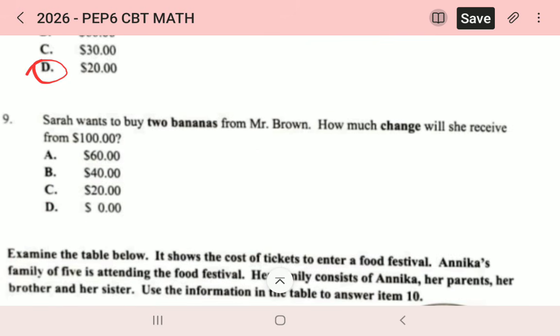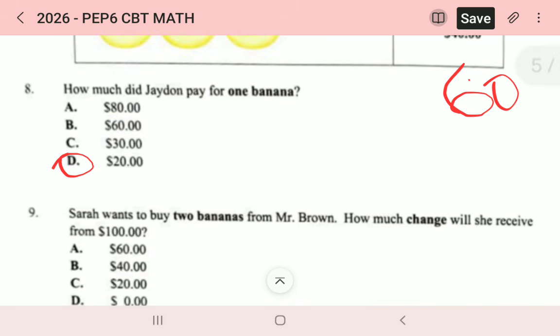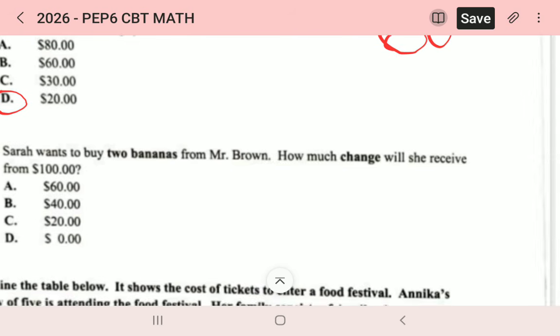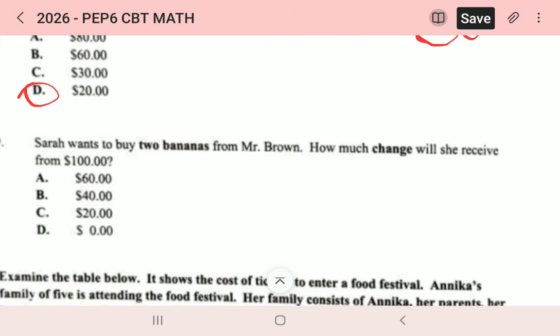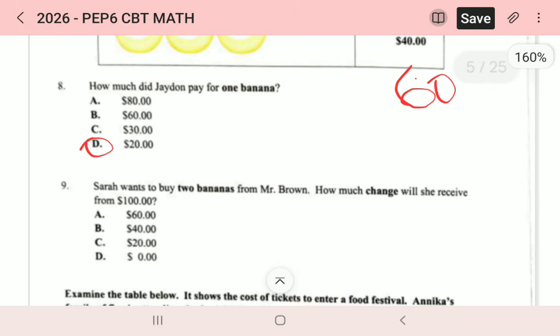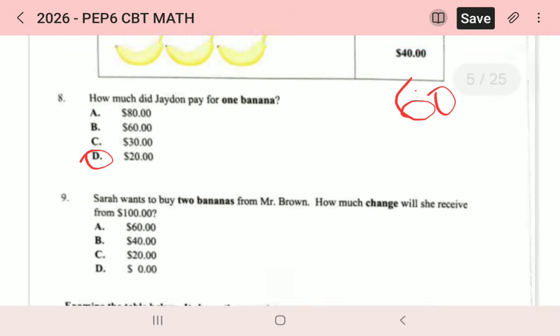Sarah wants to buy, that's number 9. Sarah wants to buy 2 bananas from Mr. Brown. Remember, he sells bananas for $20. All right, that's what Jadon paid. How much change will she receive from $100? If this is going to be on the exam, you know it's the flip. It's just the opposite of Jadon.